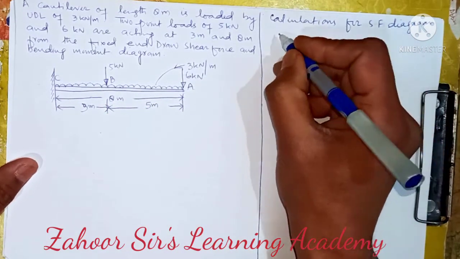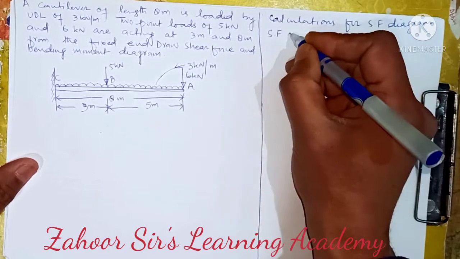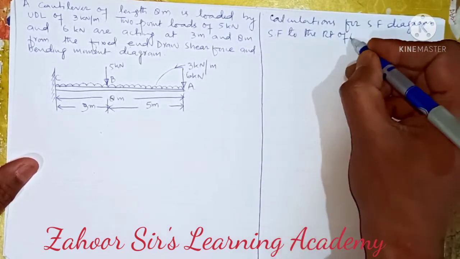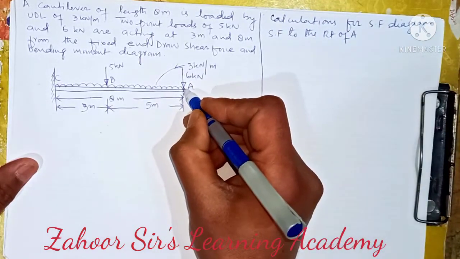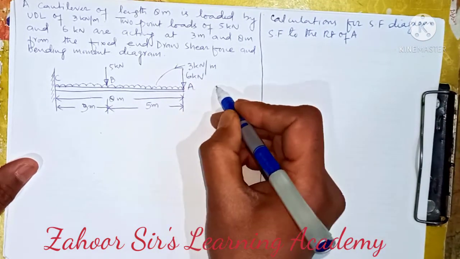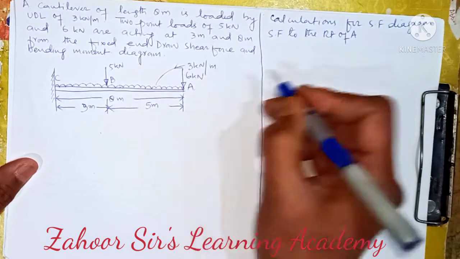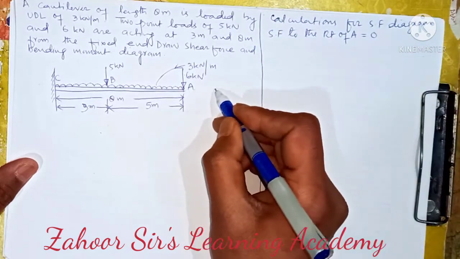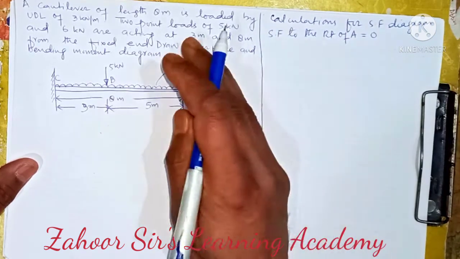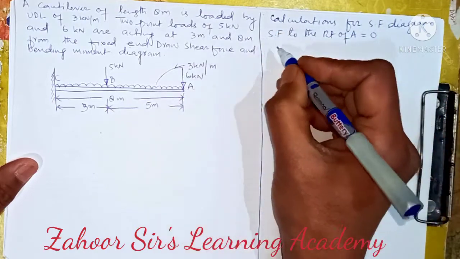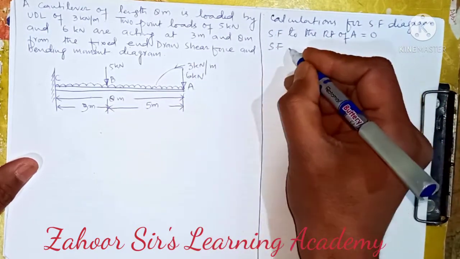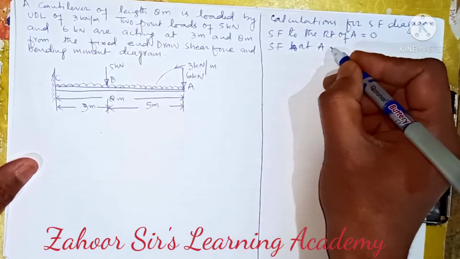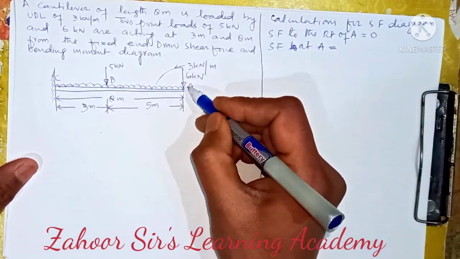So I will write first SF to the right of A. Is there any load to the right of A? To the right of A is nothing. So that means 0, there is 0 load to the right of A. Then the shear force at A. What is at A?